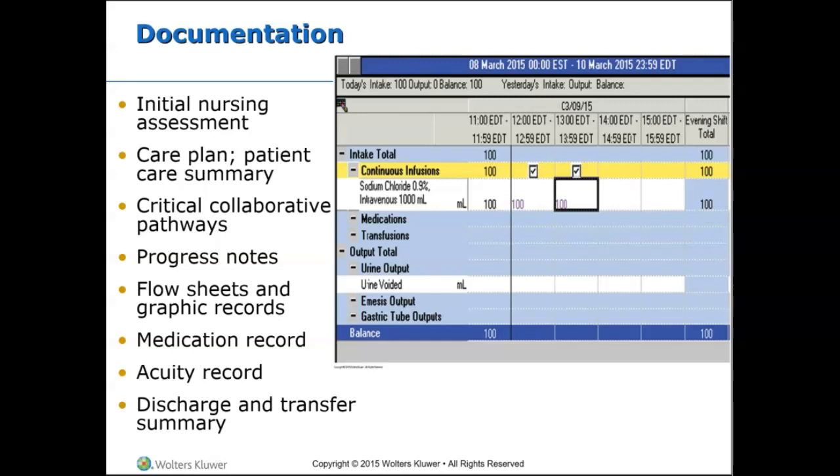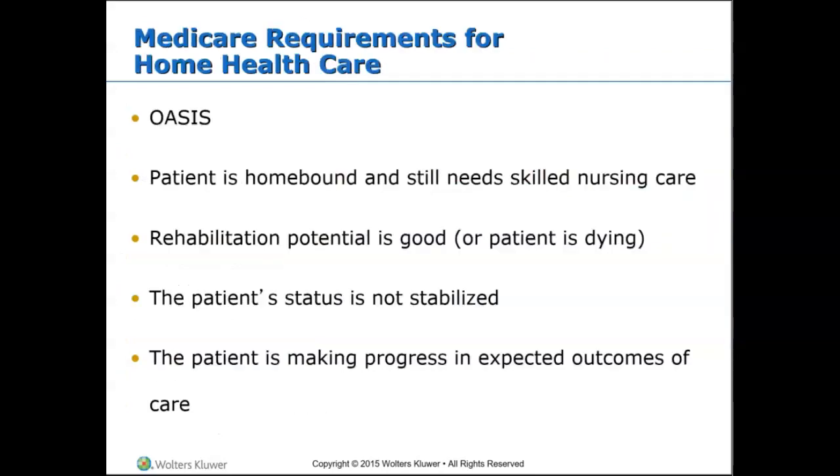You need to summarize the reason for the patient seeking treatment, significant findings, the procedures performed, treatments given, any teachings you've provided or any handouts you've given, the patient's condition at discharge, how did they leave, and who were they with, right? It takes time to complete discharge summaries, right? But they're very, very important and as important as all other documentation. Remember, if it was not documented, it was not done.